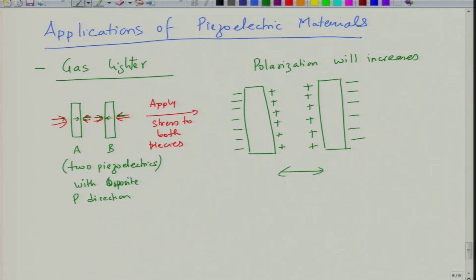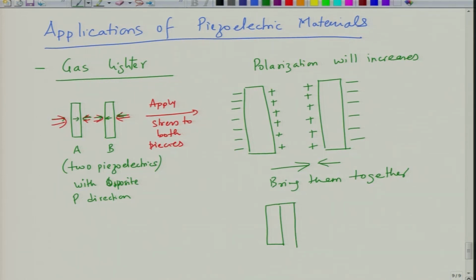How do you bring them together? You bring them together because the same charges will come together. So, basically when you bring the same charges together like this, then these charges, let us say here, will generate a spark.